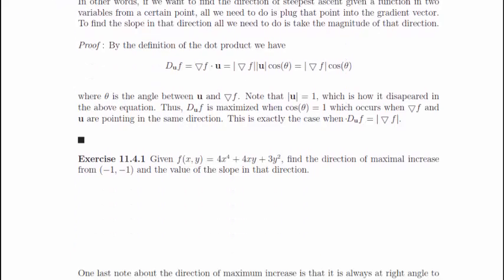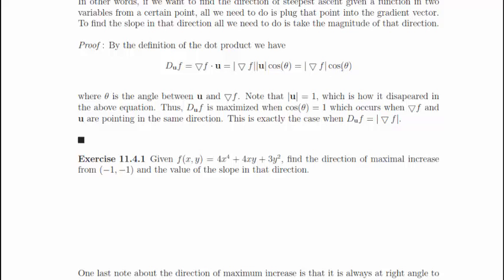To prove this is very simple, using the definition of the dot product. If I have my directional derivative D sub u of f, this equals the gradient of f dotted with u. This equals the magnitude of the gradient times the magnitude of u times the cosine of theta. Now the magnitude of u is 1, so this equals the magnitude of the gradient of f times the cosine of theta. So this directional derivative is going to be maximized when cosine of theta is 1.